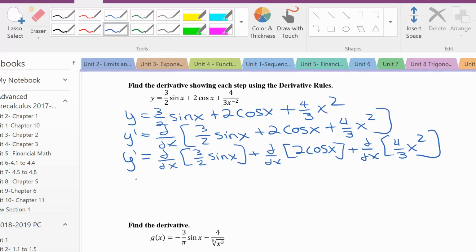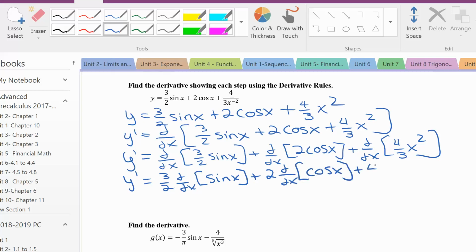Now remember, the constants can be pulled out, so it's 3/2 times the derivative with respect to x of the sine, plus 2 times the derivative with respect to x of the cosine, plus 4/3 times the derivative with respect to x of x squared.